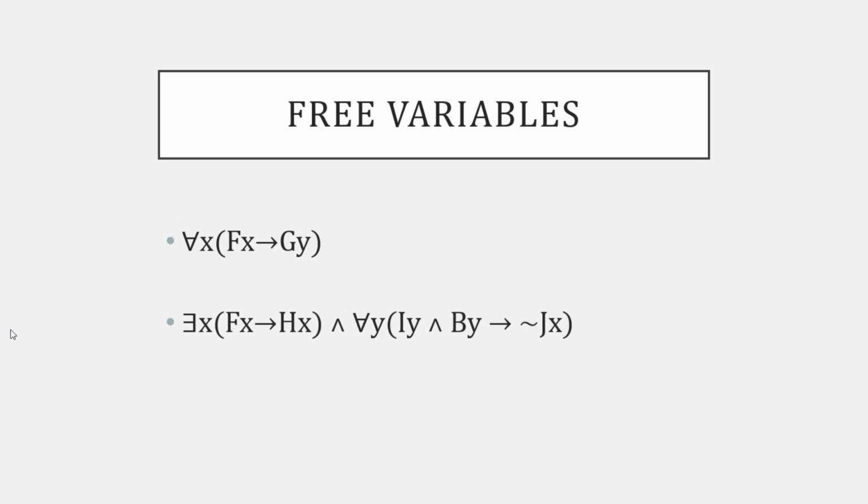So here are some sentences with free variables. For all x, if fx, then gy. y is a variable because it's in that part of the alphabet, but there's no quantifier that binds y. And I don't even know how to say that sentence in English. It would say, for all things x, if that thing has the property f, then gy.